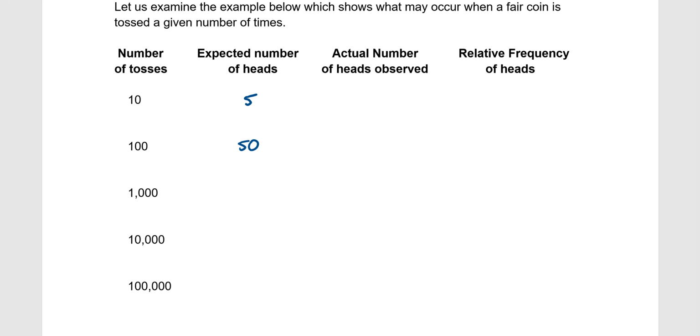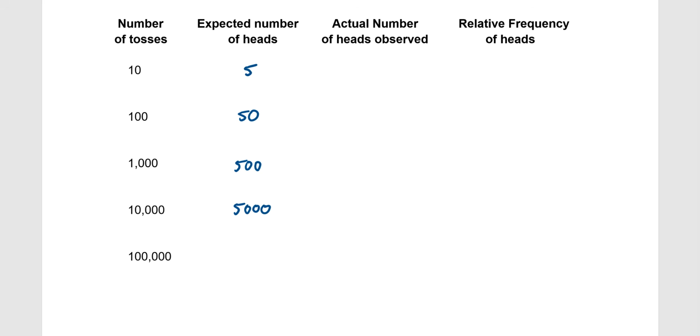If we toss it 1,000 times, we expect 500 heads. 10,000 times, we expect 5,000 heads. 100,000 times, we expect 50,000 heads. That's actually where we would get that theoretical probability that we'll be doing in a second, where we expect it to be half.